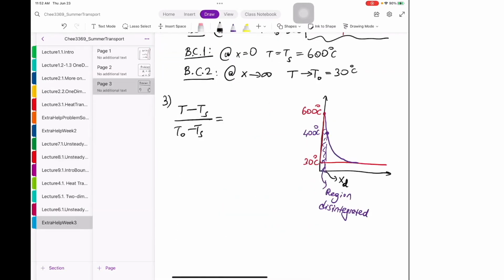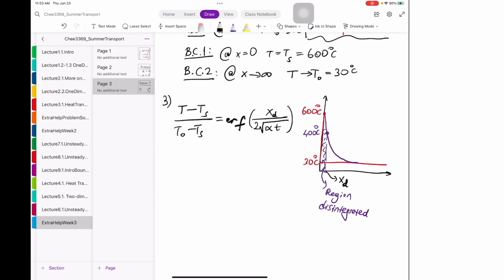So that's equal to error function of x over 2 square root of alpha t. T is given, alpha is given, everything is given except for this x.